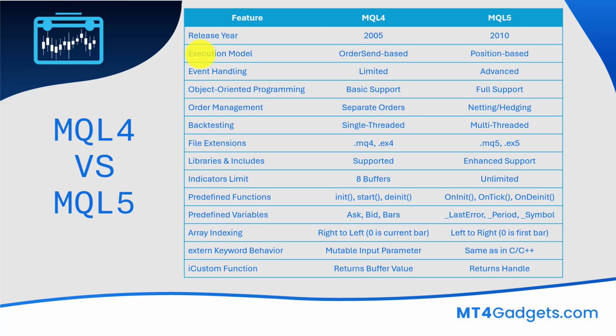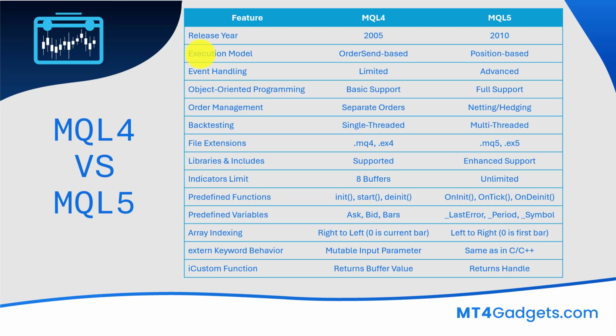External keyword behavior, you might not know, depending on your familiarity with the code. Extern is your use of input when you create your custom tool. With extern, you define which variables are coming from an external party, and in MQL4 you can change the value of the input, while MQL5 uses the same way as C and C++, so extern cannot be changed. Lastly, the use of the iCustom function.